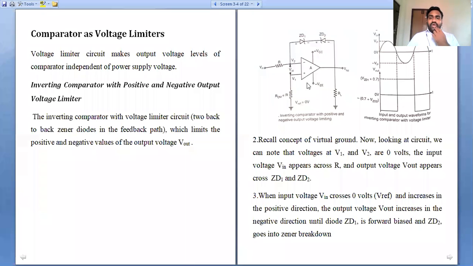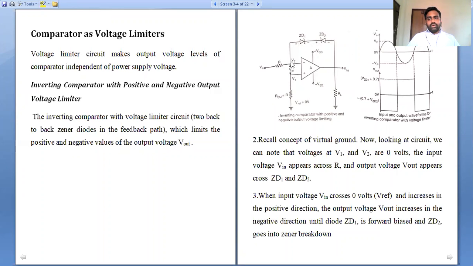So how does that happen? When we connect the feedback loop with respect to the input terminal, we come across the concept of virtual ground.